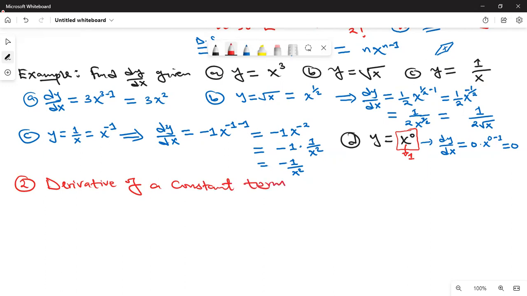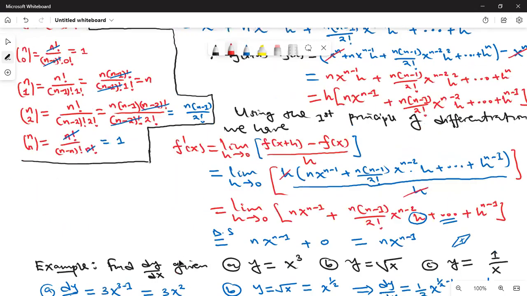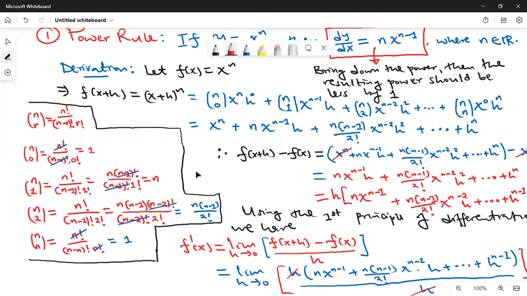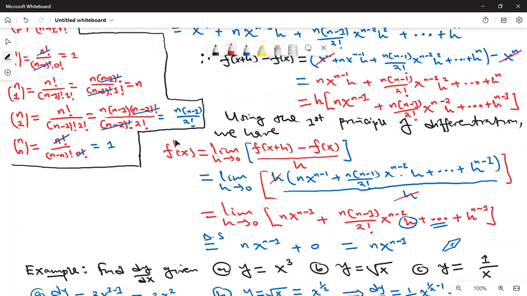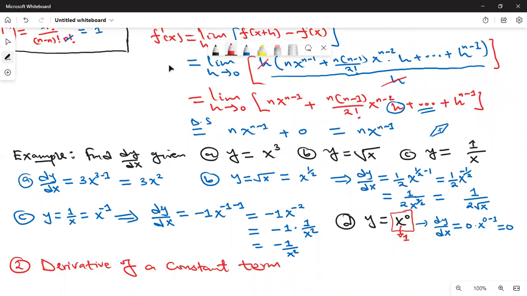When you have a constant term, how do you differentiate it? So this is what the derivative looks like when you differentiate a constant term. We are going to state it. You write this.